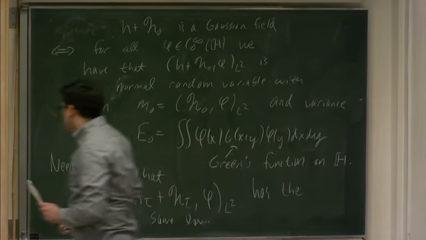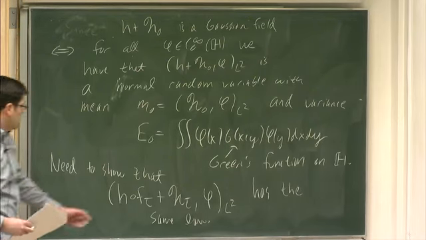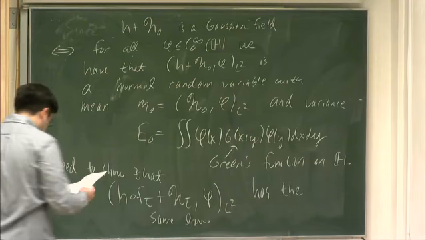So this very convenient property of the Gaussian distribution means that we only have to check one test function at a time. And this simplifies the problem quite a lot.